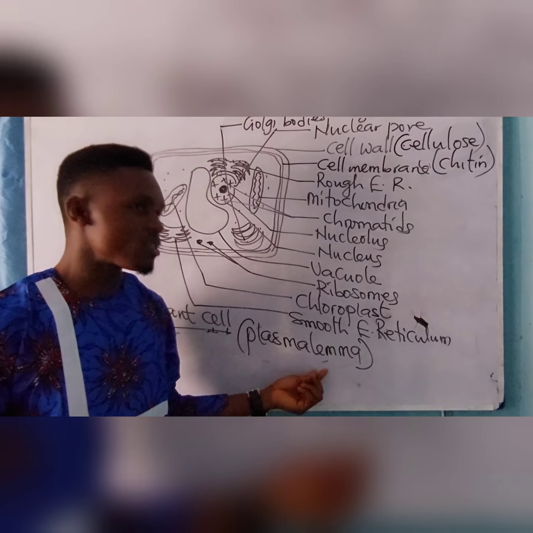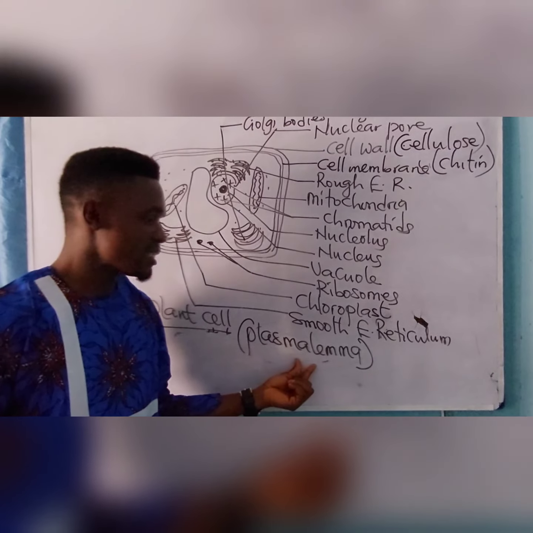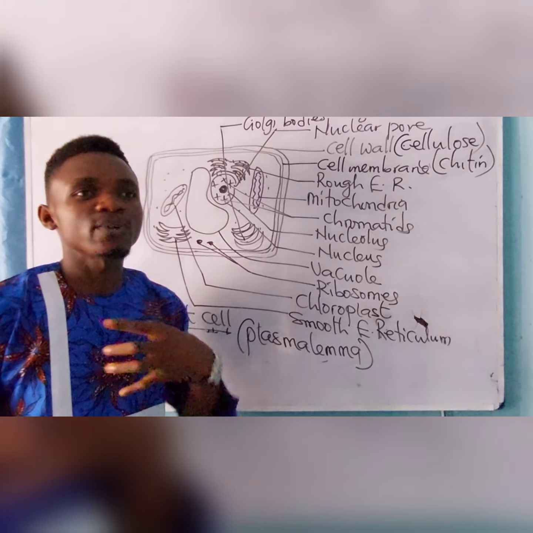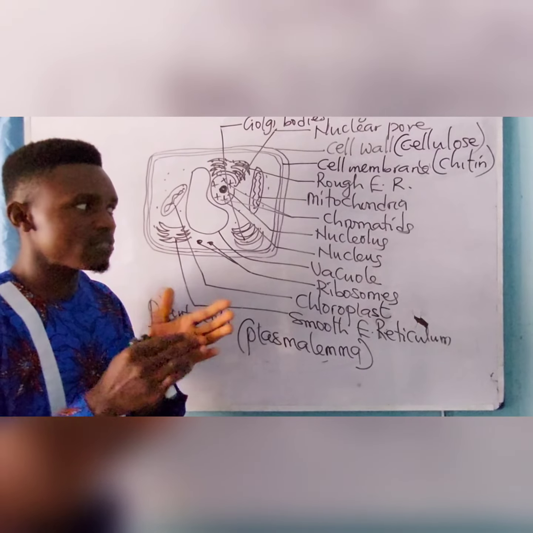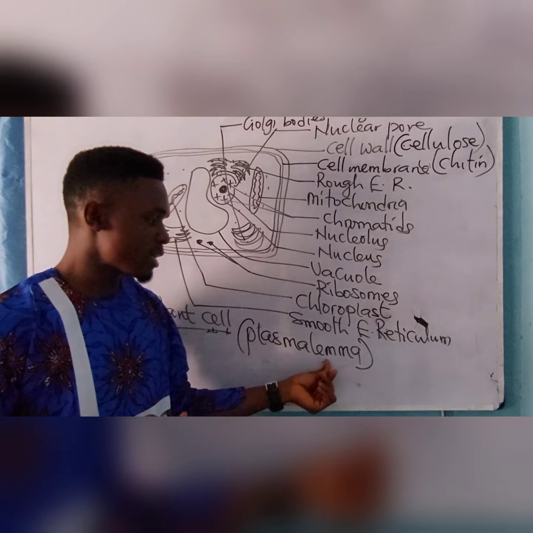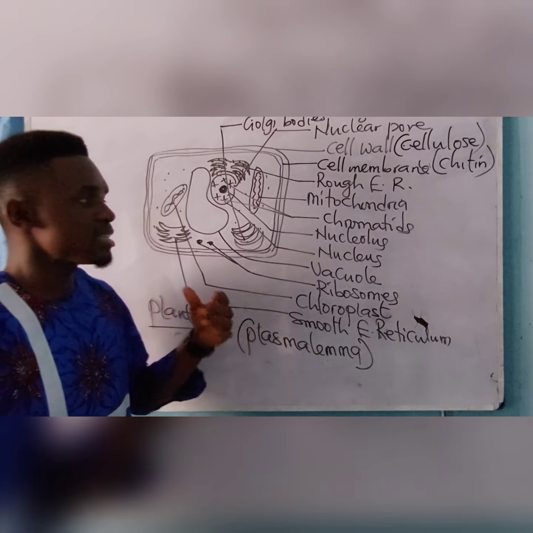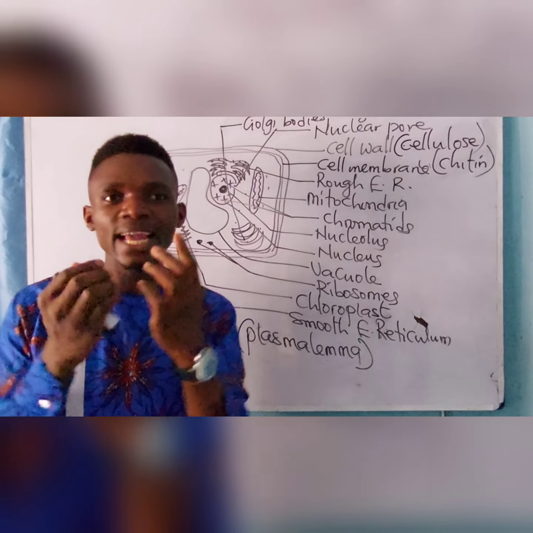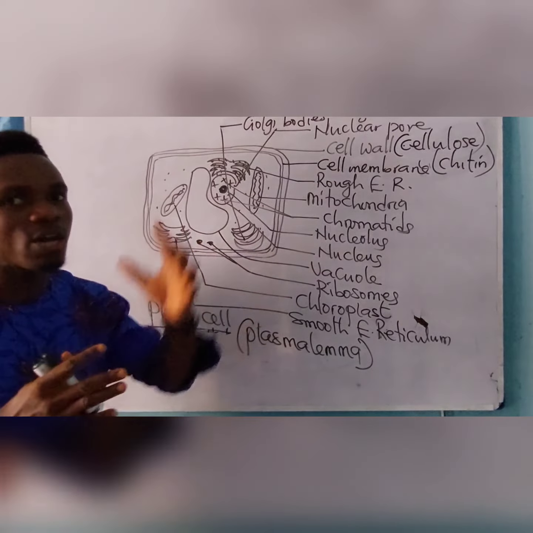It acts as a selective permeable membrane. That is, it decides the kind of materials that enter the cell and that leave the cell. It's a selective permeable membrane, and it also protects the cytoplasm. You know that cytoplasm is that fluid-like portion of the cell that suspends every other organelle.